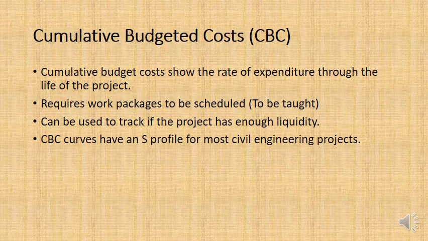Now, you can use this cumulative budget cost method to check if the project has enough liquidity. What do I mean by liquidity? Well, you can look that term up on the internet, but liquidity is basically a business or an entity's ability, in this case a project team's ability, to pay their debts.